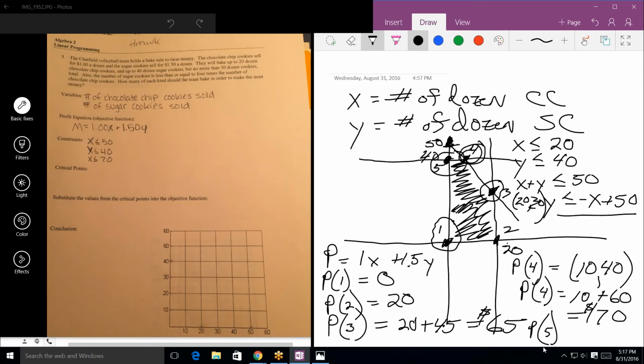It would be 1 times 0, plus 1.5 times 40, which is 60. So there's our 5 points. At this point, we made 0, this one 20, this one 65, this one 70, this one 60.